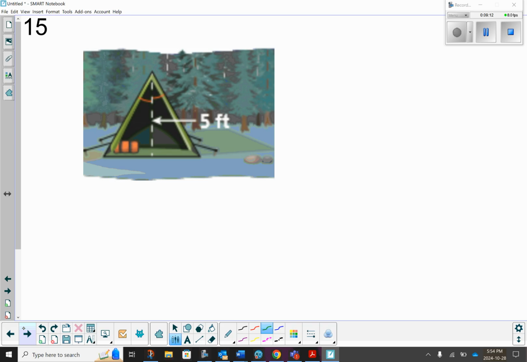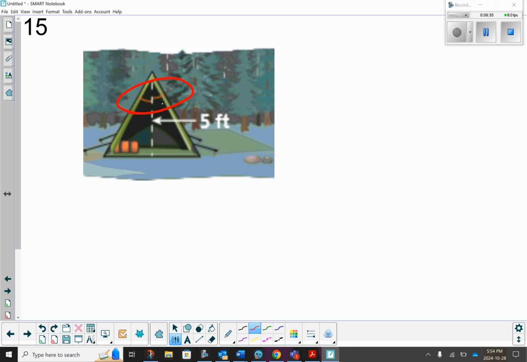15 is a popular one also because if you don't zoom in enough, maybe you don't realize that the front of the tent is, look at the markings there, an equilateral triangle.